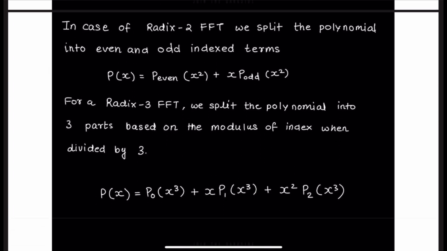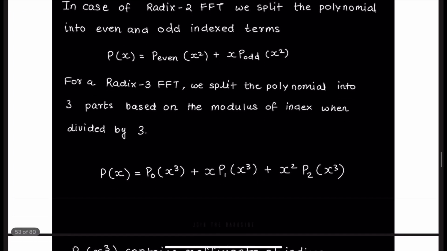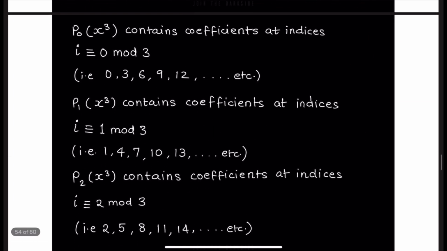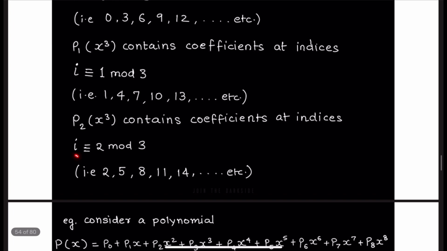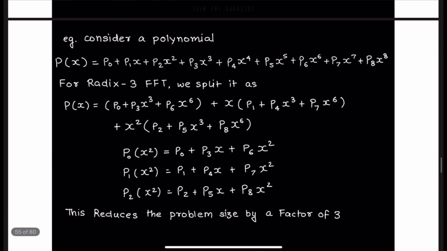For a polynomial given like this, we split it into 3 components. Here are the 3 components, where p naught x power 3 contains the coefficients at index i equals 0 mod 3, here's i equals 1 mod 3, and i equals 2 mod 3.